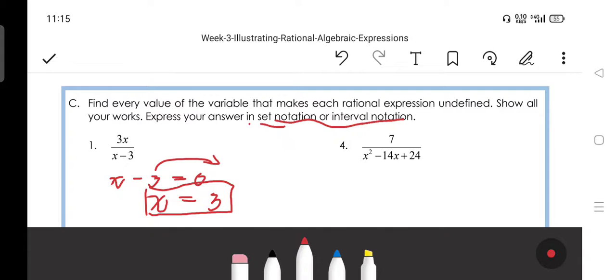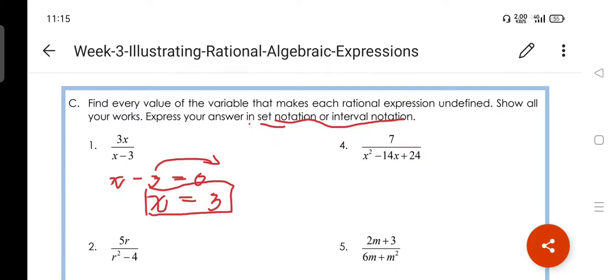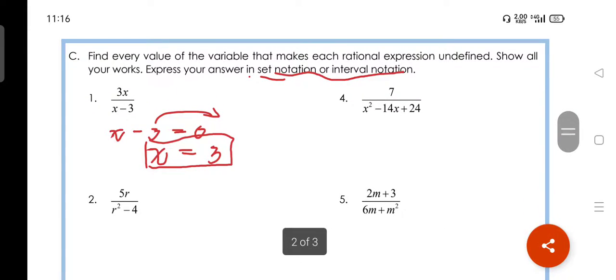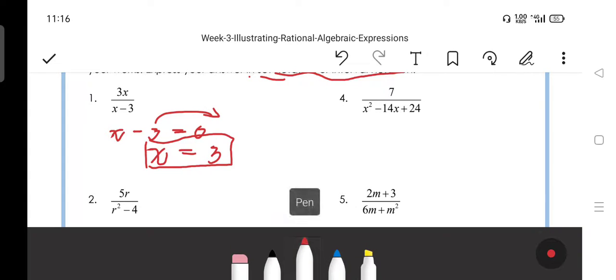Let's make some space here. All we have to do is write the set of x such that x is an element of the real numbers.